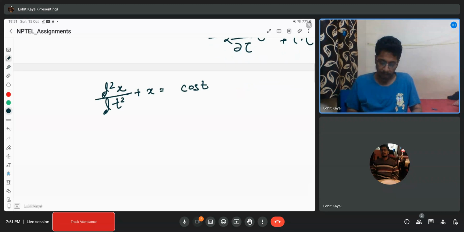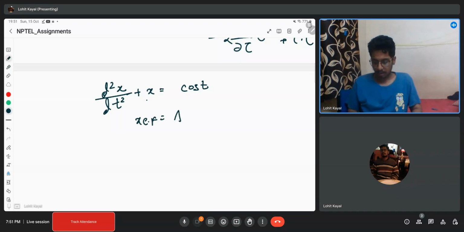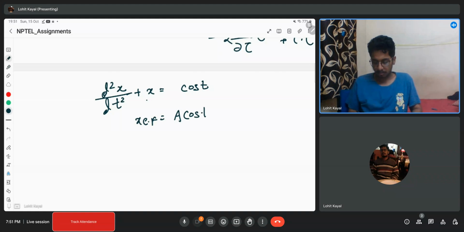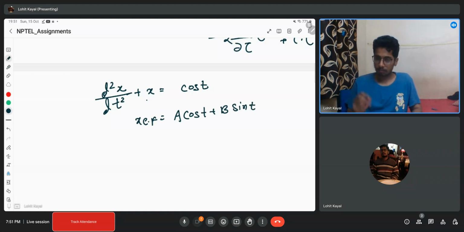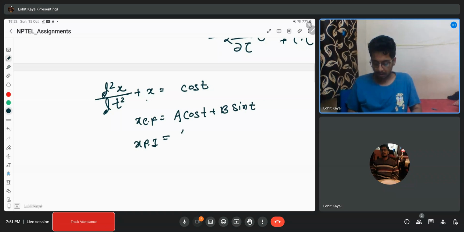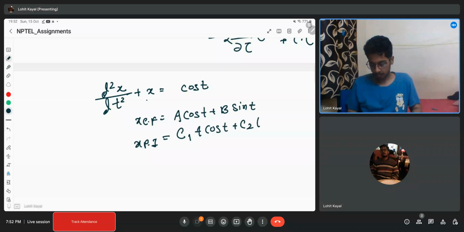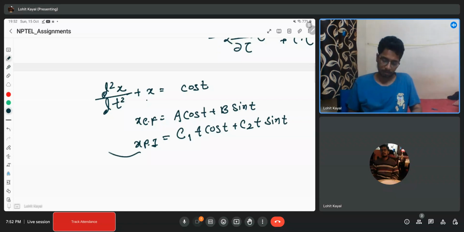Then you need to solve for the particular integral and the complementary function. The complementary function will be something like a cos t plus b sin t. And for the particular integral, you need to take x_PI equal to c1 t cos t plus c2 t sin t.